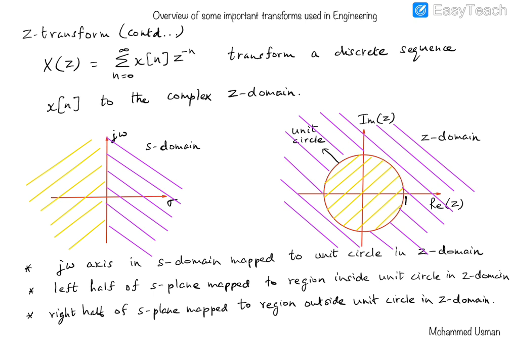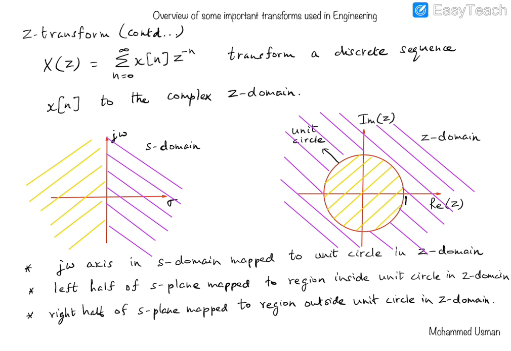We call this circle the unit circle, which is the j omega axis folded over, encompassing the entire left-hand side of the S-plane and converted to a circle of unit radius. That brings us to the Z domain. So the mapping from the S domain to the Z domain happens by converting the j omega axis into the circle of unit radius.